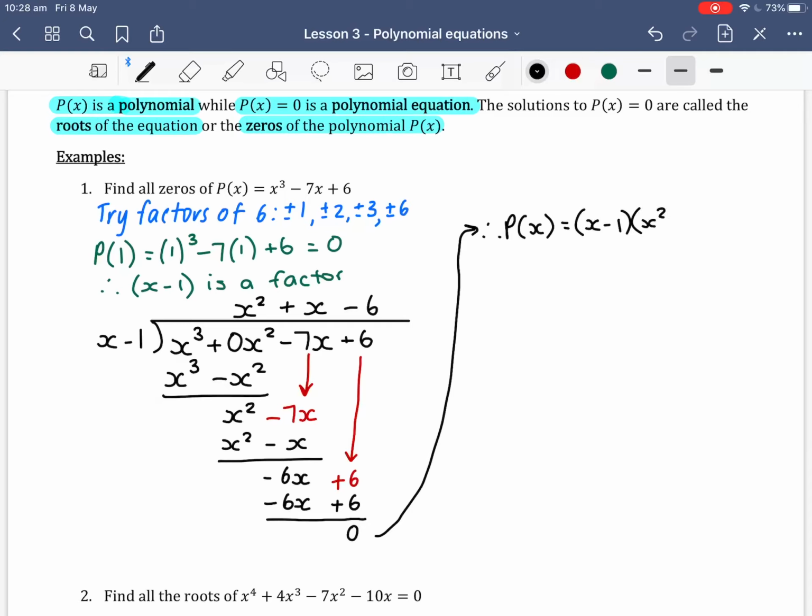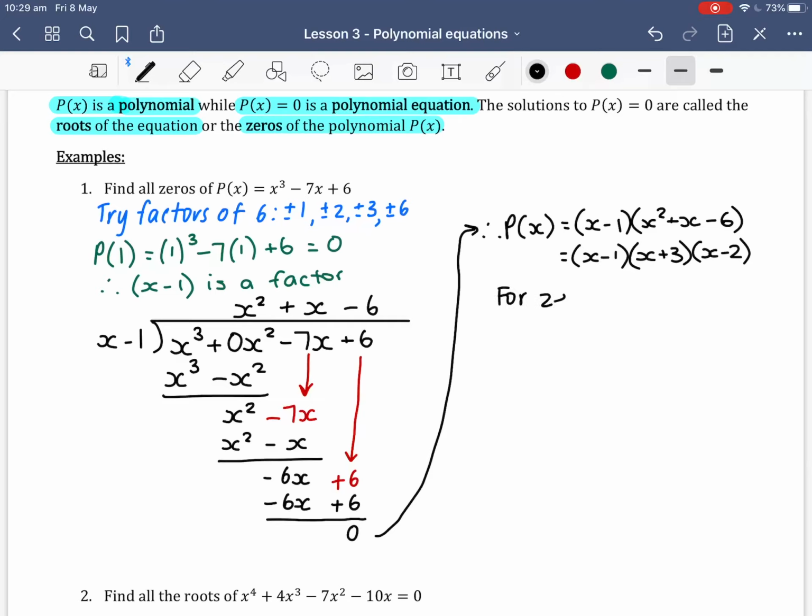So therefore we have p(x) equals x minus 1 times x squared plus x minus 6. And we can factorize x squared plus x minus 6 as it's a quadratic. So we have x minus 1, and then we'll have x plus 3, x minus 2.